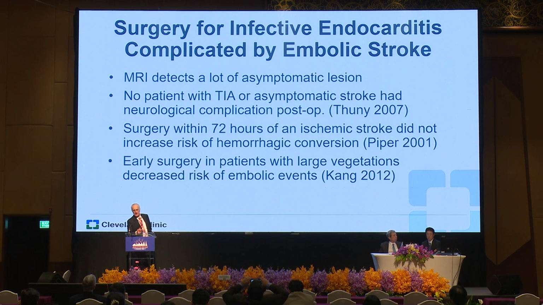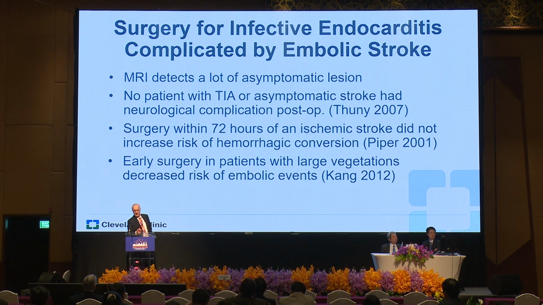A question again: what to do with the screening? Should we screen everybody, and what's the meaning of asymptomatic lesions? We do think that there is a low risk of making the brain symptoms and the stroke worse.